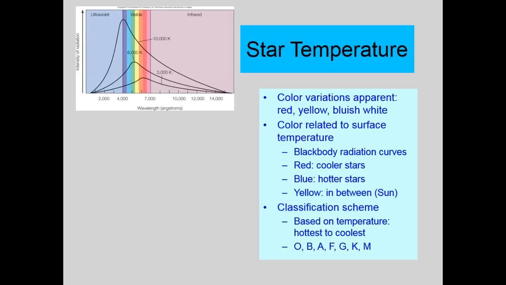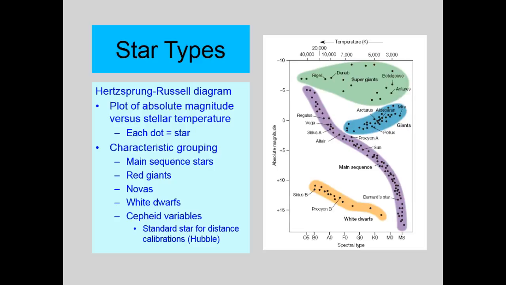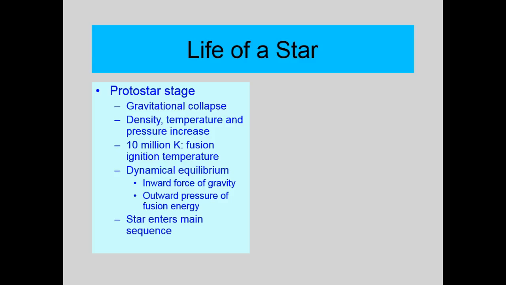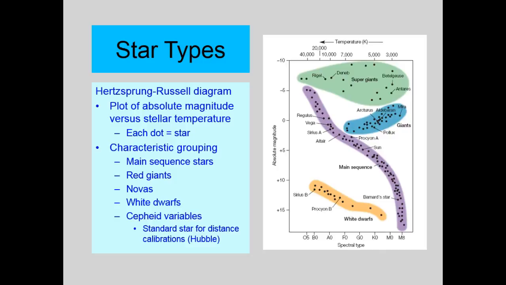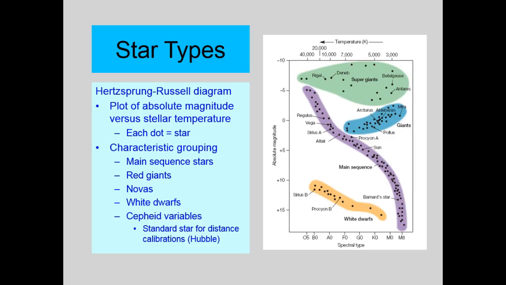Before we get to the life of a star, which is the next slide, let's go back to this one. Now these do not show up on the Hertzsprung-Russell diagram. That's what that is. But they mention them here as if they do.